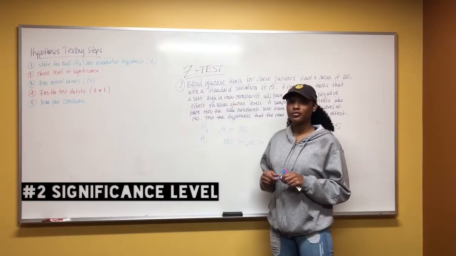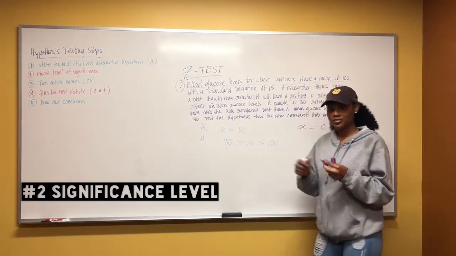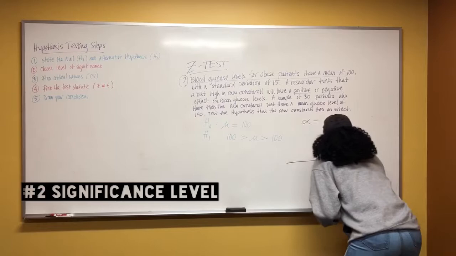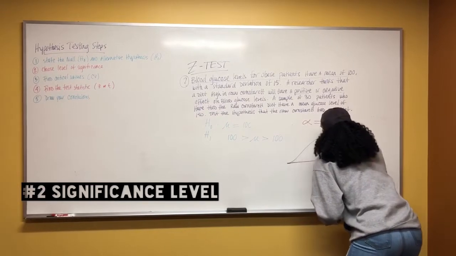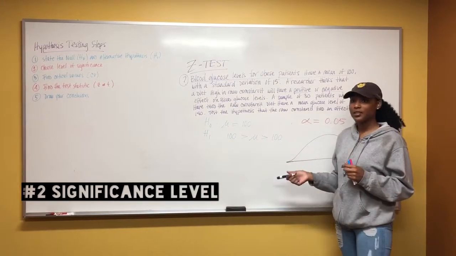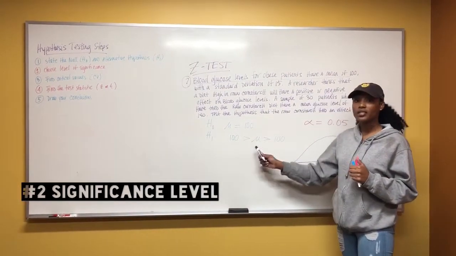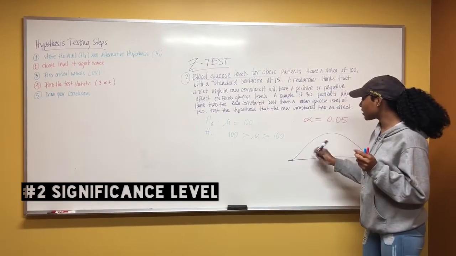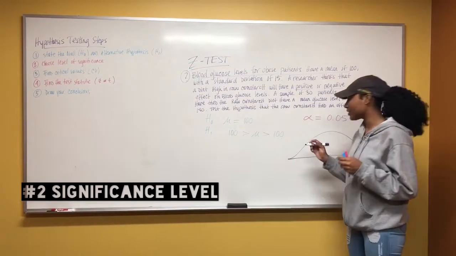Now we're on to step 3. We're going to find our critical values, but before we do that, we have to first draw out the diagram. Because the alternative hypothesis states that it's either positive or negative, this means it's going to be a two-tailed test.